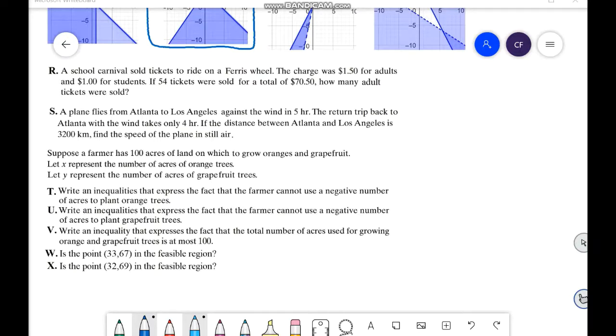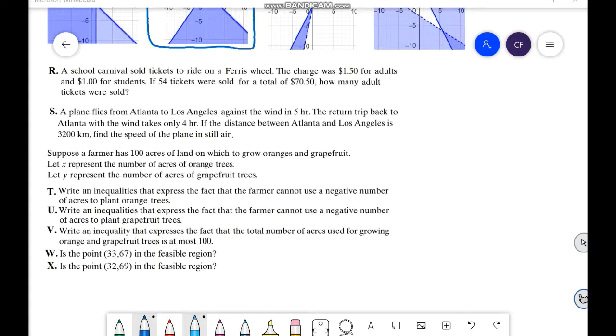Okay, Kalia? Letter R. A school carnival sold tickets to ride on a Ferris wheel. The charge was $1.50 for adults and $1 for students. If 54 tickets were sold for a total of $70.50, how many adult tickets were sold?